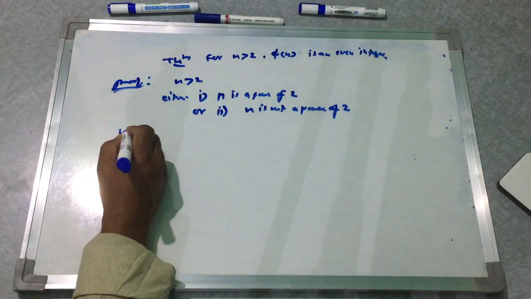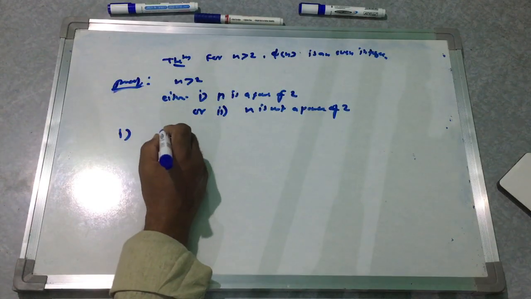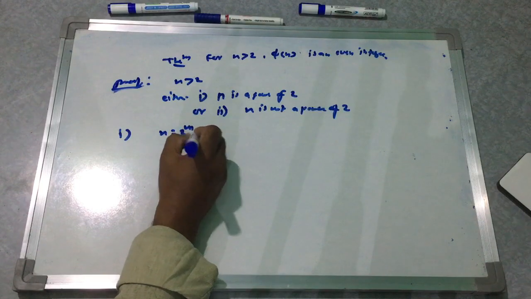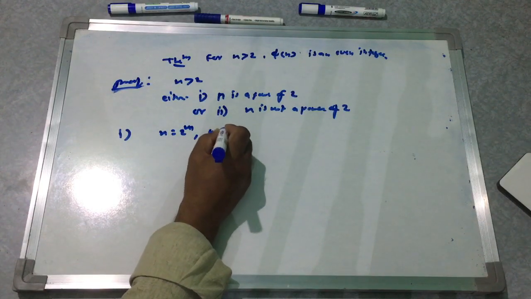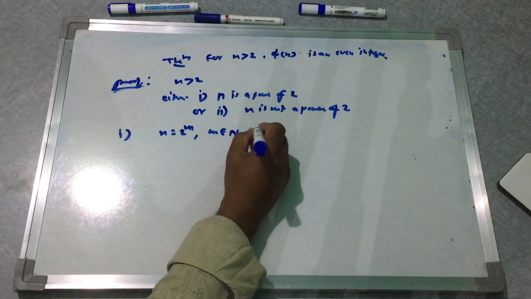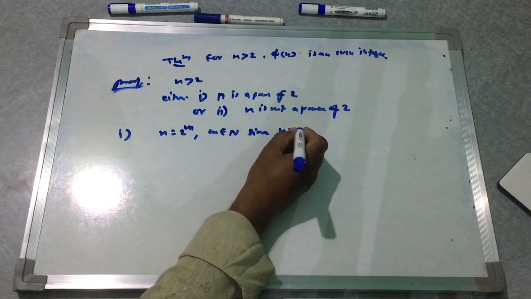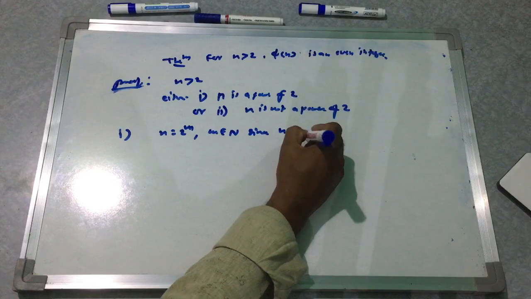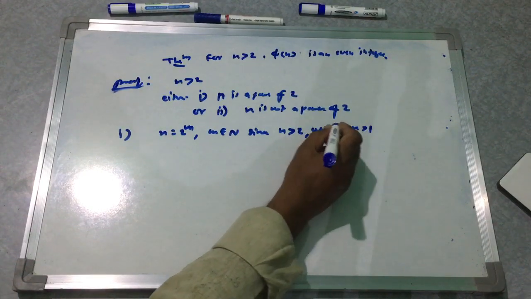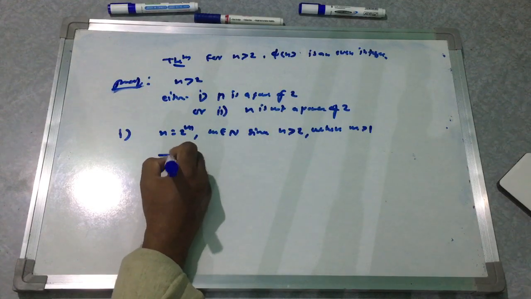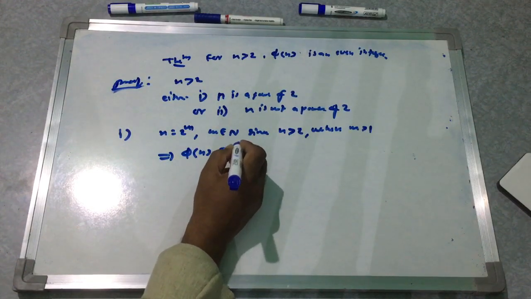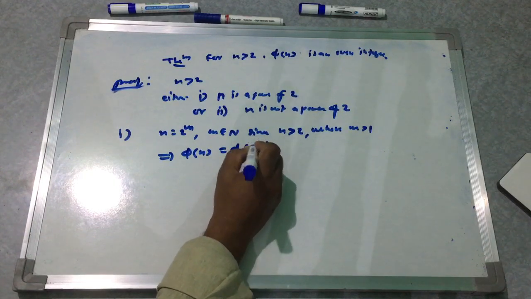In this case we write n is equal to 2 to the power m, where m belongs to N. Since n is greater than 2, we have m greater than 1, and hence phi of n is equal to phi of 2 to the power m.